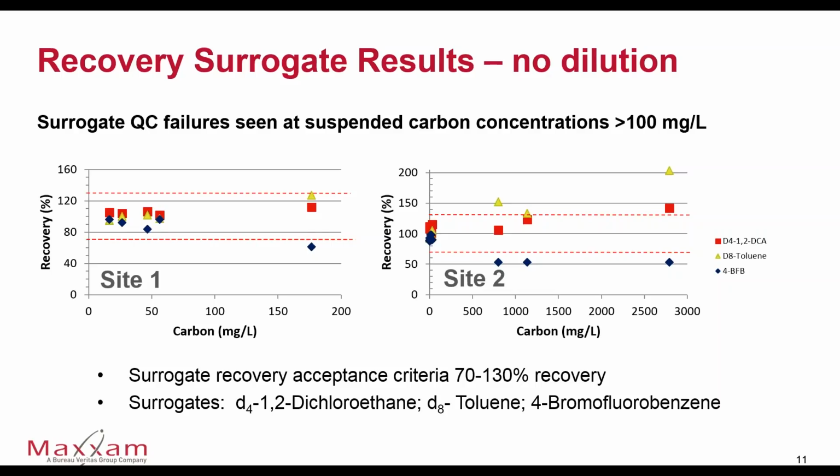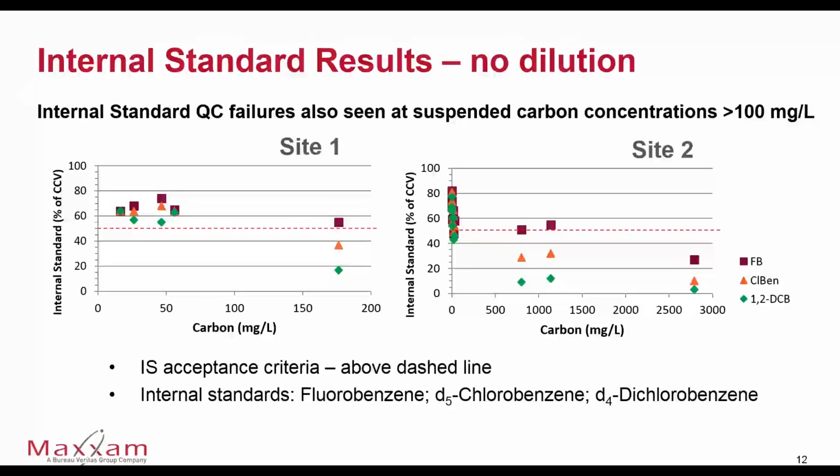On the other side of this coin, site number 2 has much higher carbon loading in these samples, up to 3,000 milligrams per liter. Again, the samples with very low carbon had surrogates that all passed. The ones over about 700, 800 milligrams per liter were clearly failing. So between these two, we're pretty confident in saying it's about that 100 milligrams per liter where we start to have problems, and you have to think about an alternate approach.